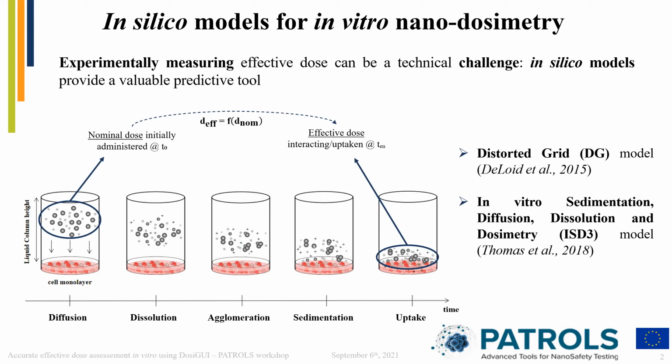And for this reason, the great majority of in vitro dosimetry studies nowadays refer to the nominally administered doses as constant quantities over time and over space. In this context, in silico modeling could represent a valuable support.